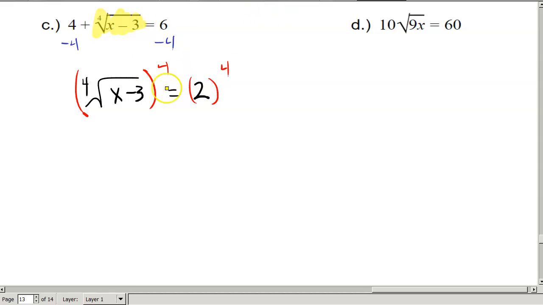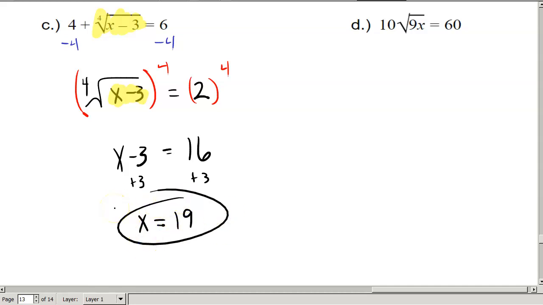That means everything inside of that radical is going to come out. So I'm going to have an x minus 3 that comes out, and 2 to the 4th is 16. Then if I add 3 to both sides, I get x equals 19 as my answer.